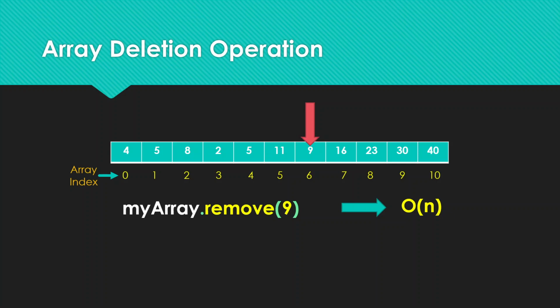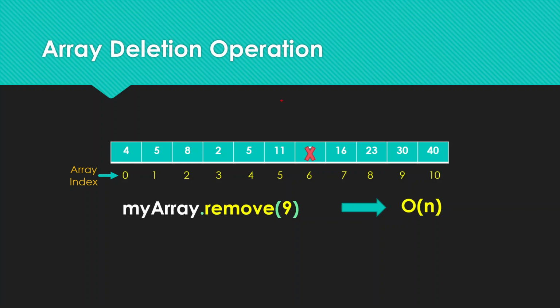So after the value is found, then it's going to delete it. Now if it's deleted, then there's an empty space there. So what will happen? Yes, you guessed it right. Every other element that is on the right of that particular deleted item will have to be shifted. Why?